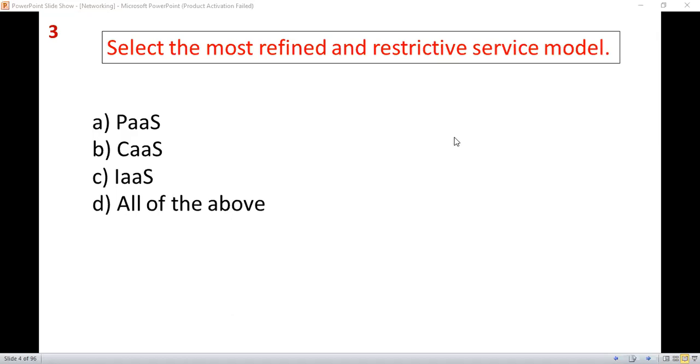Okay, infrastructure as a service. This type of service model, the infrastructure as a service model, is a cloud computing model that provides you on-demand access to computing resources such as servers, storage, networking, and virtualization.